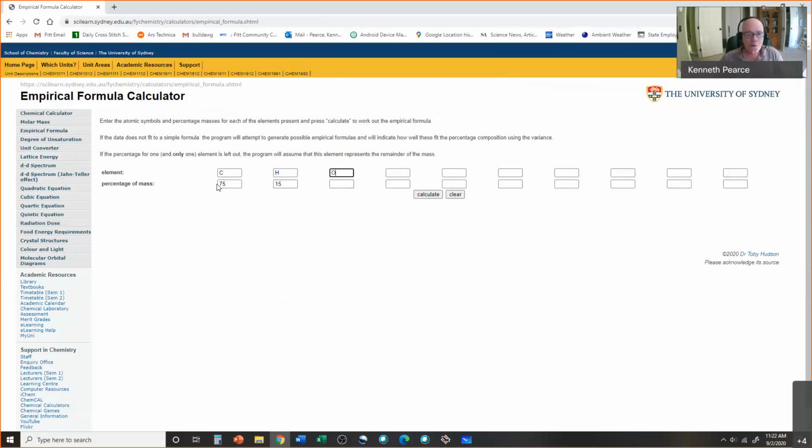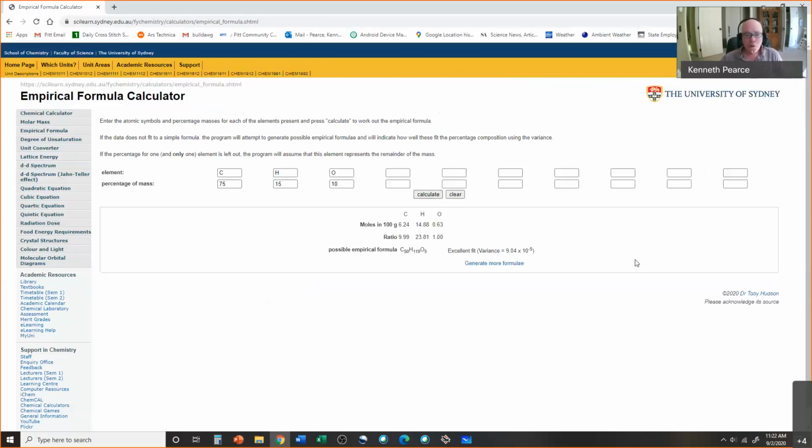That's 90, so the rest of it would be 10% for oxygen, and then it'll calculate it out for you. You can see it gives you a final answer down here based on variance. Okay, and according to this calculator, it's C50H119O5. Pretty cool.